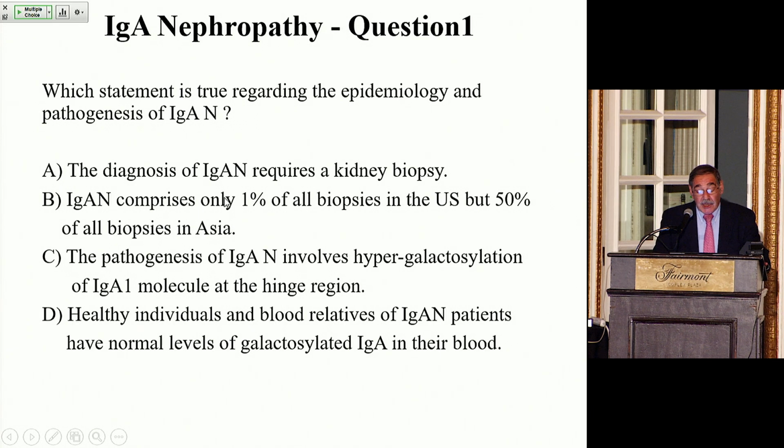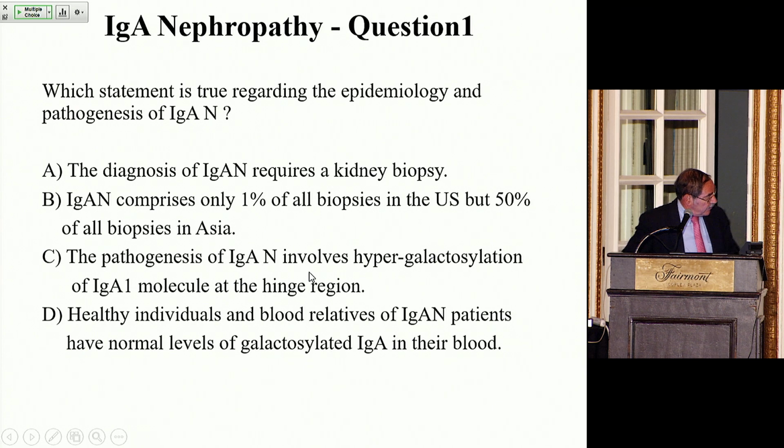B, IgA nephropathy comprises only 1% of all biopsies in the US, but 50% of all biopsies in Asia. C, the pathogenesis of IgA involves hypergalactosylation of the IgA1 molecule at the hinge region. D, healthy individuals and blood relatives of IgA patients have normal levels of galactosylated IgA in their blood. Which one of those is true?